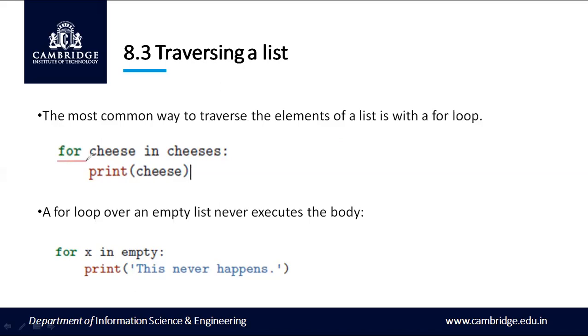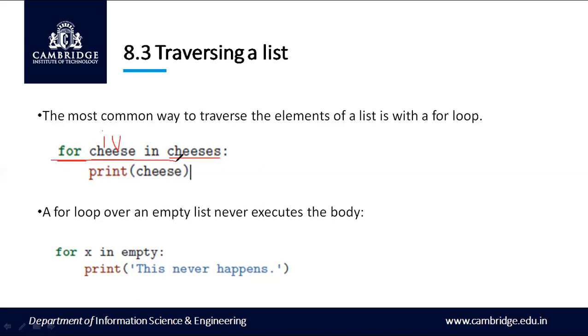The for keyword is used, and the second word here is cheese. This is nothing but the iteration variable. This iteration variable traverses through each of the items in the list. This is the list name, so the iteration variable traverses the list cheeses.